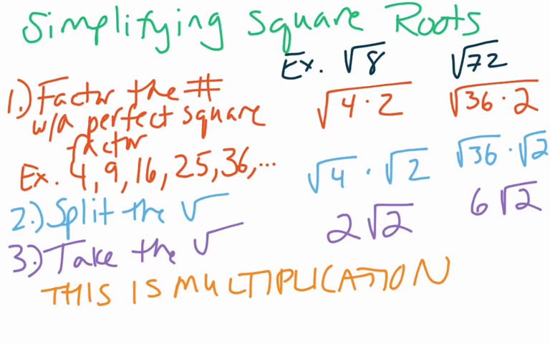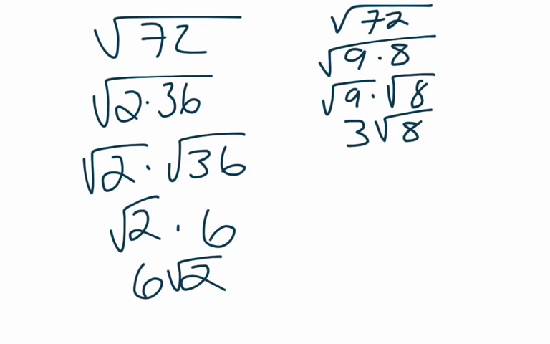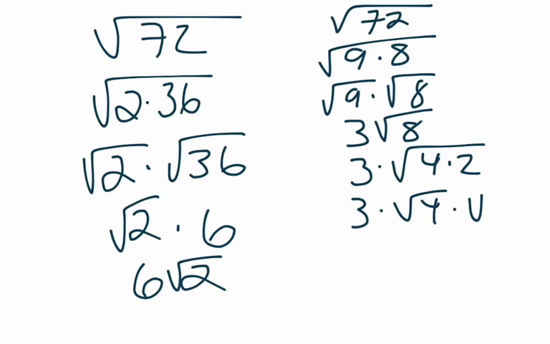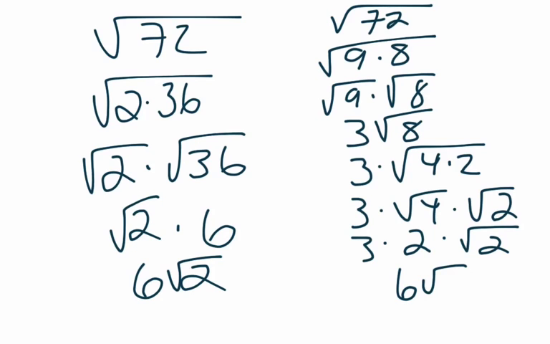It's possible to get it part way, and there's still more that you can do. So we could actually break the square root of 8 into 4 times 2. Don't forget the 3. The 3 is right there. And then we'll split it up again. And now the square root of 4 is 2. And 3 times 2 right here is equal to 6.